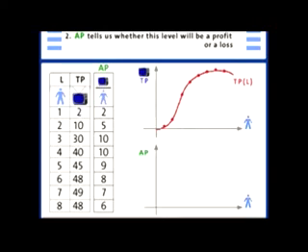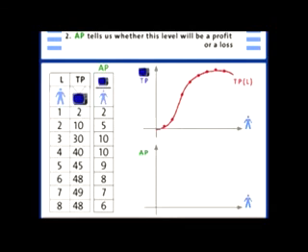Then 3 and 30 gives me an average of 10 per worker, which is exactly what I get with 4 workers producing 40 TVs. And 5 workers producing 45 takes my average down to 9 TVs per worker. And then 8, and then 7, and then 6.